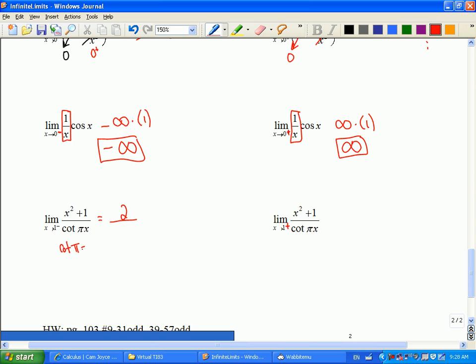And cotangent of pi, what's cotangent of pi going to be if I approach from the left side of 1? If you're not sure, revert to the definition that you know here, cosine over sine. So this is going to become, what's cosine of pi?